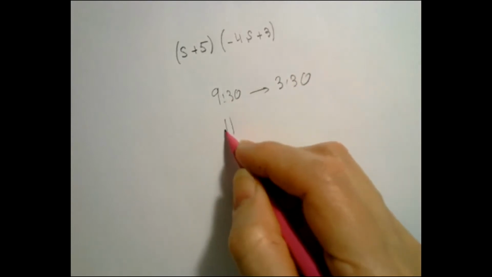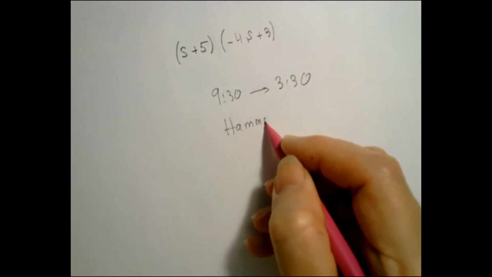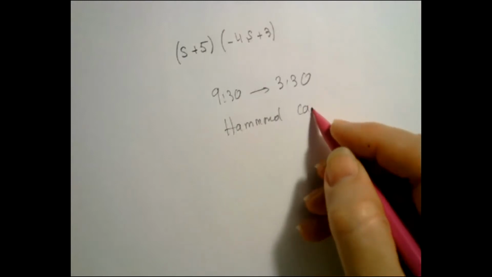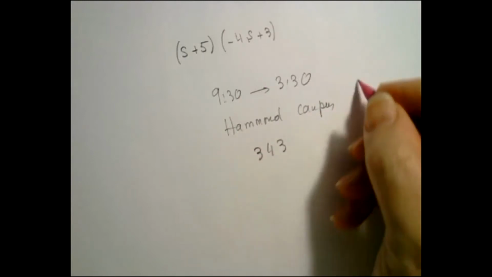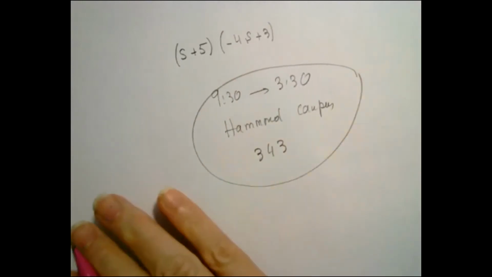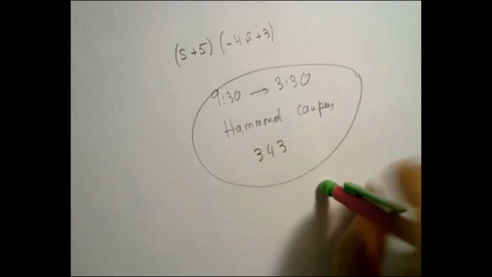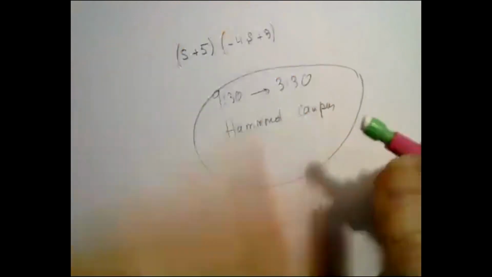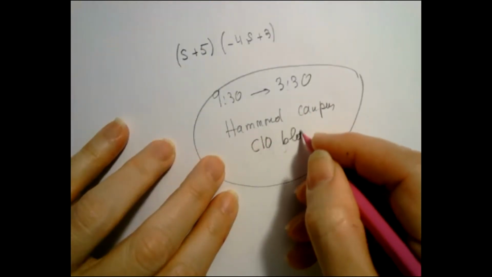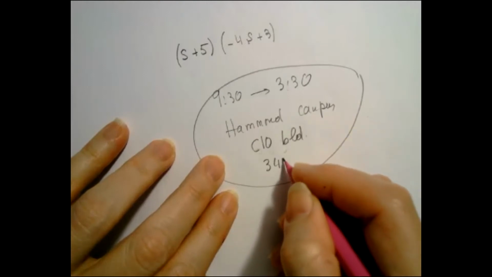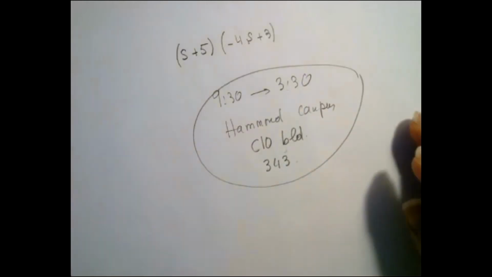It's on the Hammond campus. I forgot the room number. I think it's 343. It's the secretary, in the CLO building, my apology. Hammond campus, the CLO building, room 343. It's the secretary's office.